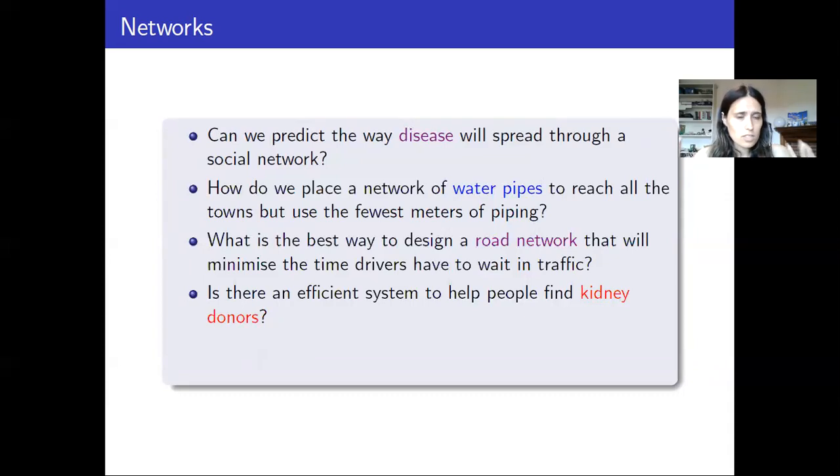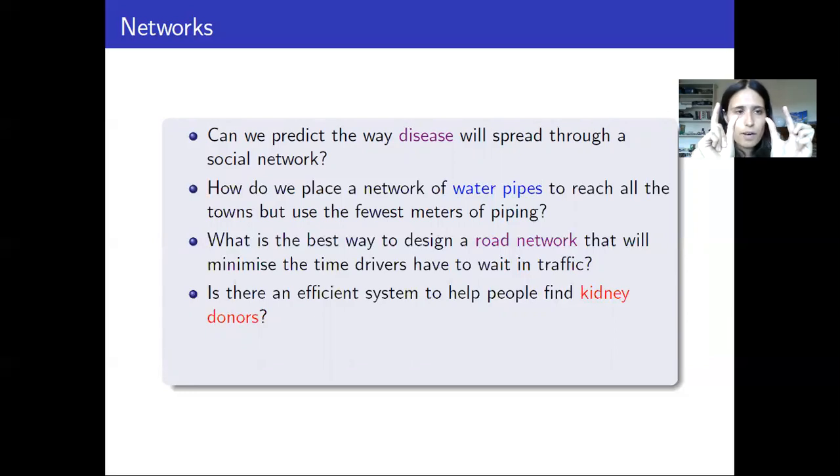Just to explain, why should this be anything to do with networks? Suppose I needed a kidney and I had a friend who had the same blood type as me, then perhaps my friend could donate a kidney and I'd be happy. But suppose now my friend did not have the same blood type as me, but there was another person who needed a kidney whose friend did.